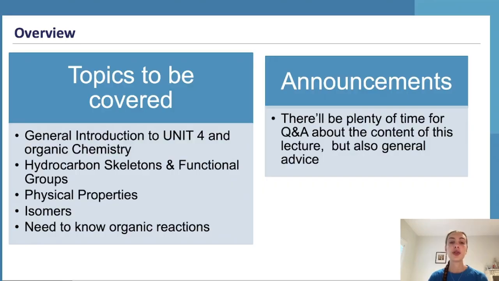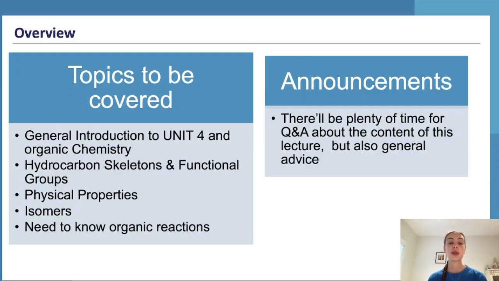Then we'll go on to focusing more on hydrocarbon skeletons and functional groups, then looking at the physical properties of these organic compounds and how physical properties are affected by the structure of the particular organic compound and its functional groups, so relating that back to the first point.